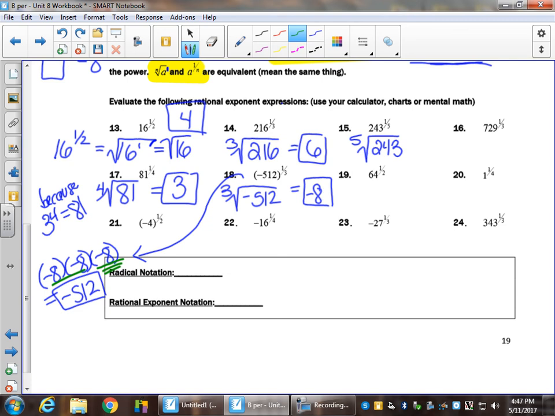So here I had at the beginning, negative times negative is positive. Multiplied by one more negative is negative. So this does exist. Negative 8 to the third is negative 512. So odd roots, I can take the odd root of a negative.